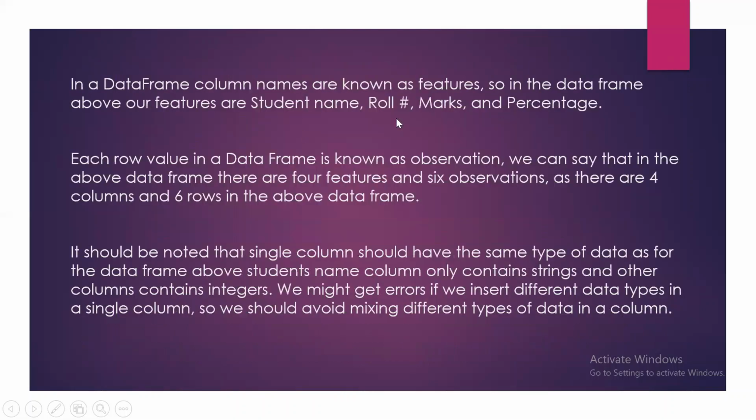So the column names represent the feature of the data which will be contained in the respective column, and each row in a data frame is known as an observation.